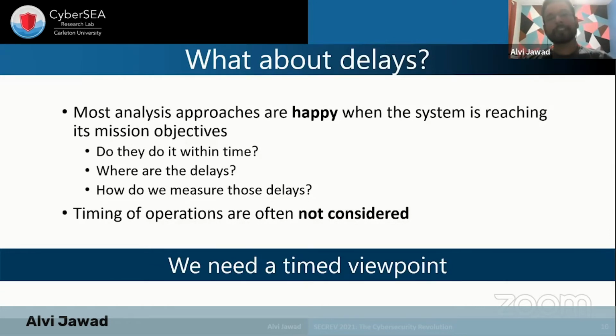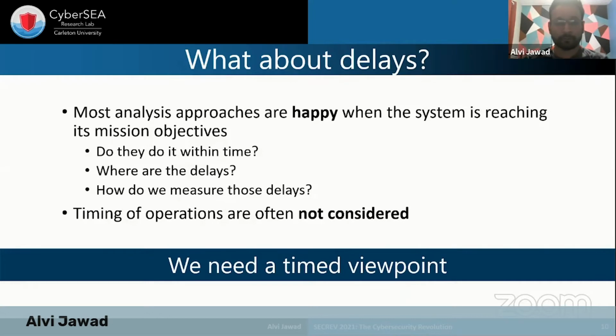We also saw that a lot of the analysis approaches were very content when they saw that the system was reaching their mission objectives, but they weren't considering time at all. So if we think about manufacturing systems, and we think, well, the system's mission objective is to produce, let's say, 1,000 materials within 3 hours. It's fine when the system is producing those materials.